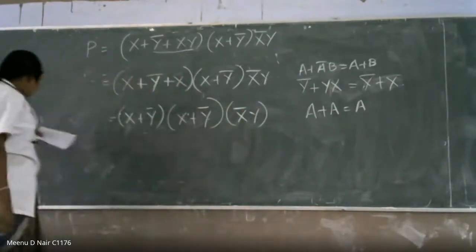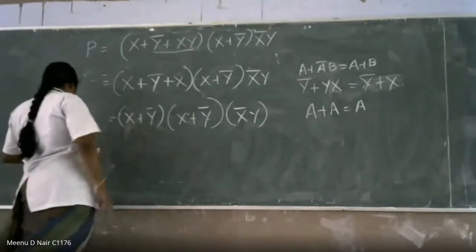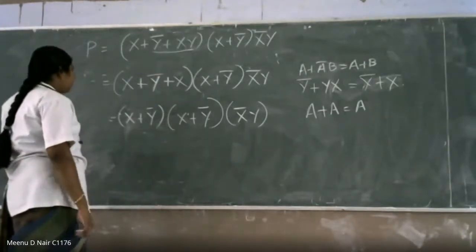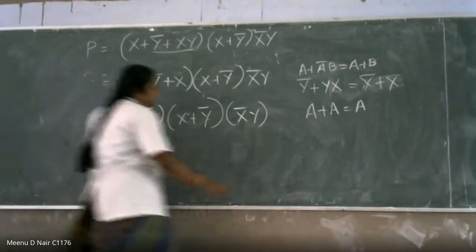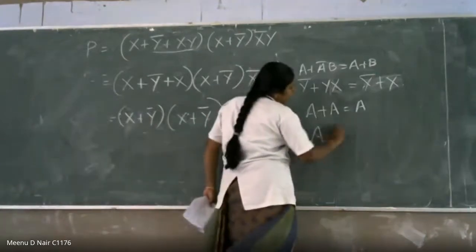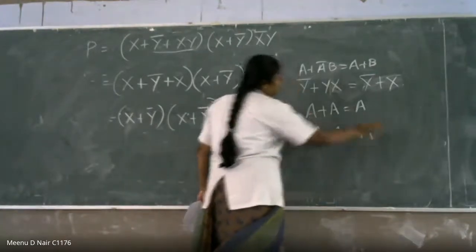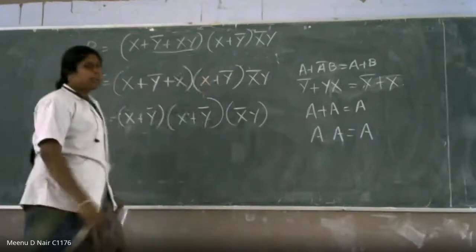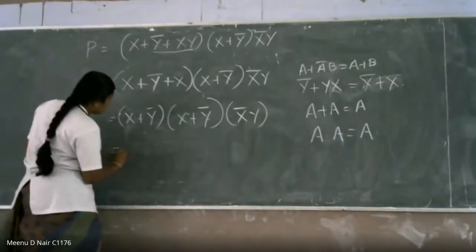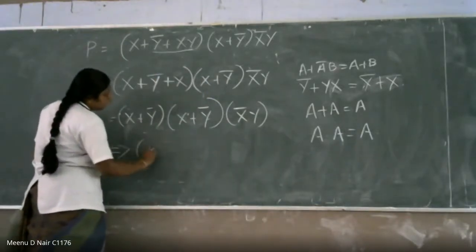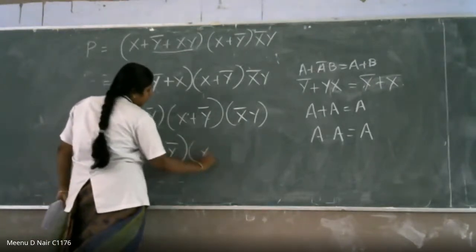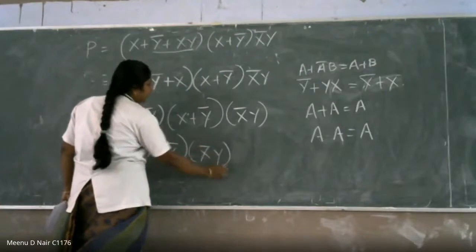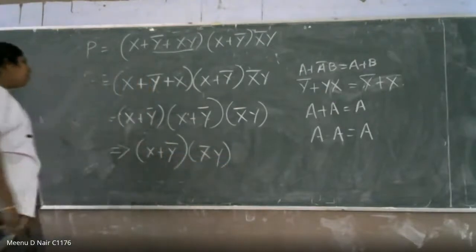Again a into a is equal to a. This is the next identity. So you need to write only one term, x plus y bar into x bar y.